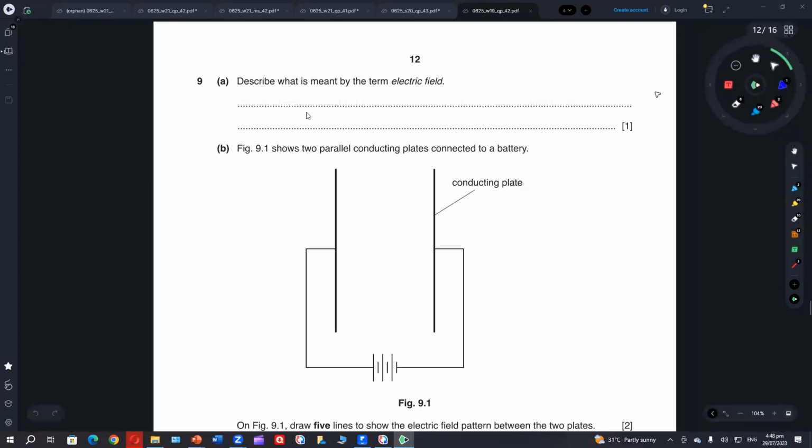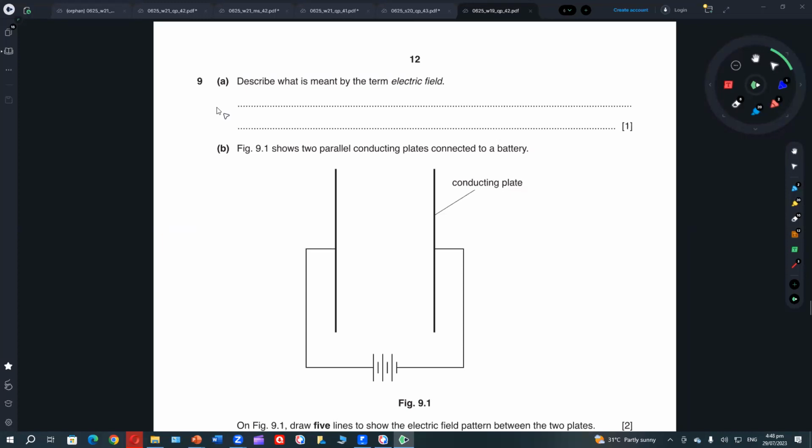What is meant by the term electric field? It's a region in space around a static charge in which a test charge experiences a force of attraction or repulsion. Good.